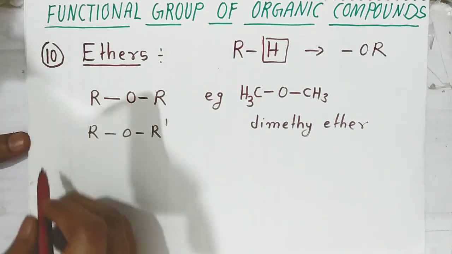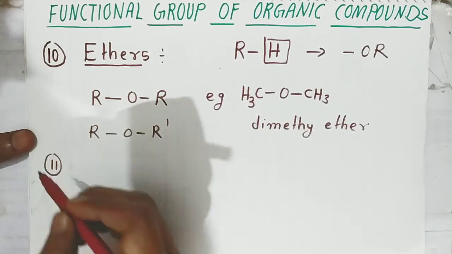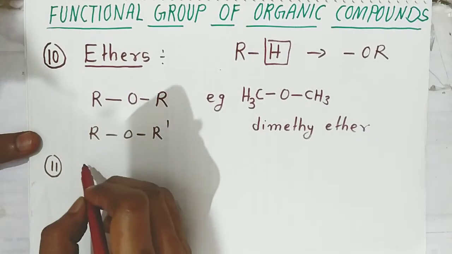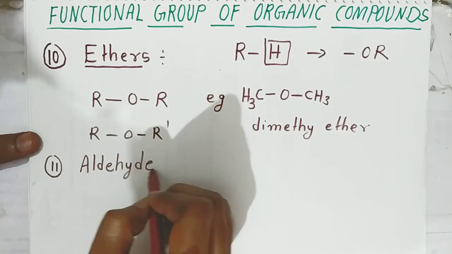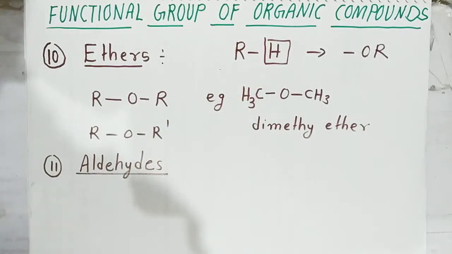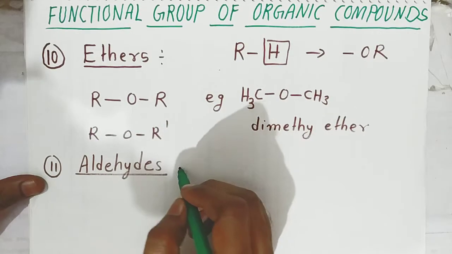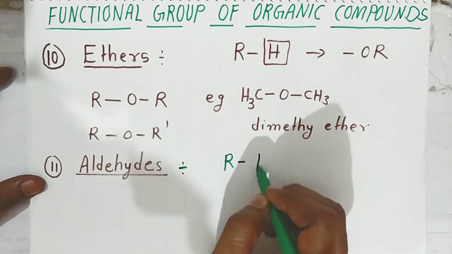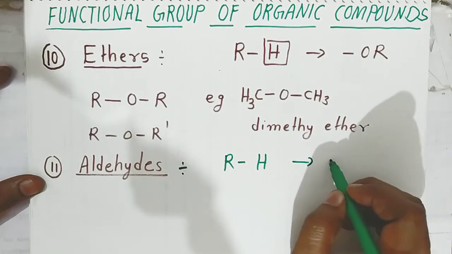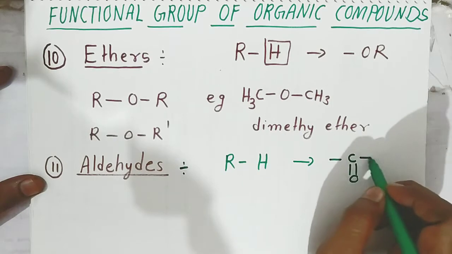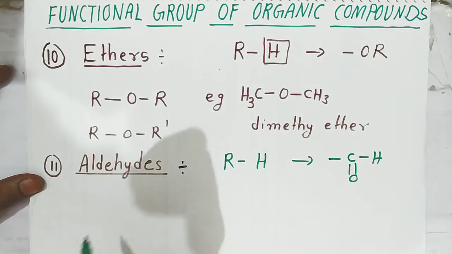Now students, the 11th functional group that we are going to see is called aldehydes. What is aldehyde, students? Here also, when hydrogen of the alkane you are replacing with this group, the aldehyde group, we call the compound aldehyde.